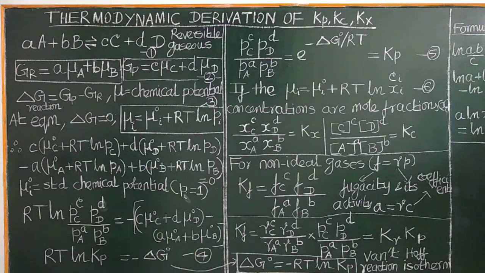ஓகே, அப்போ பாத்தீங்கன்னா the free energy ΔG, the free energy of the reaction is equal to the free energy of the product minus free energy of the reactant.